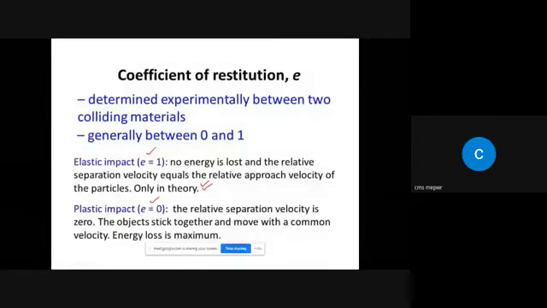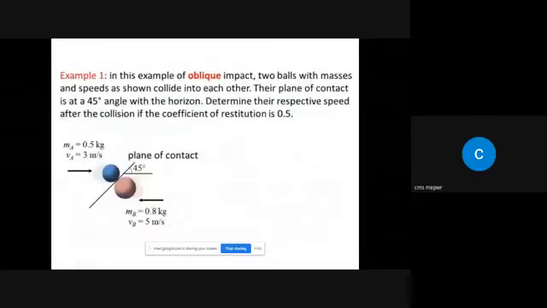In certain scenarios, when two objects come in contact, if some chemical reactions occur during that contact, then due to that chemical reaction the value of E can be greater than 1. But usually under normal conditions, the coefficient of restitution will be between 0 and 1. Okay. Now to further strengthen our concept, let's have an example.